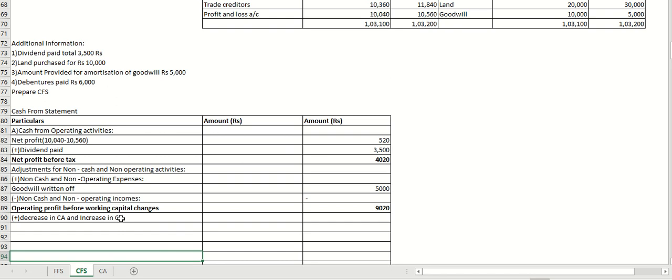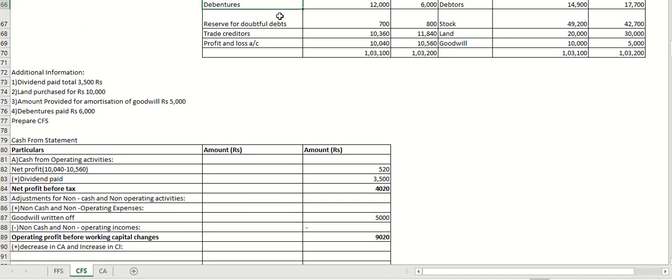And we will minus the increase in current asset and decrease in current liabilities. So what all asset we have?